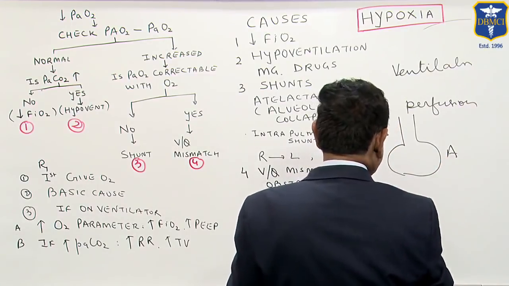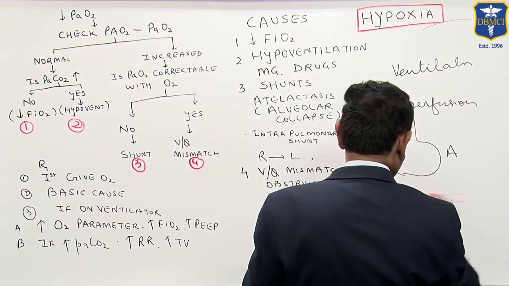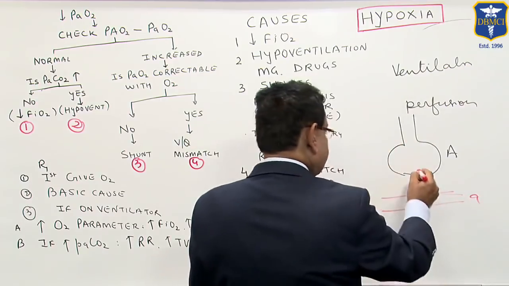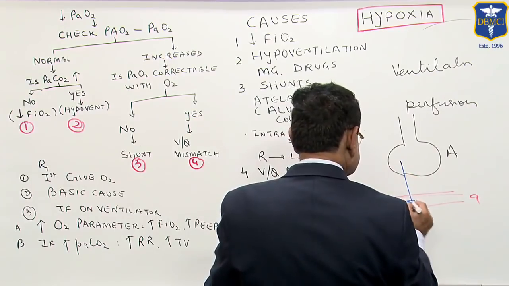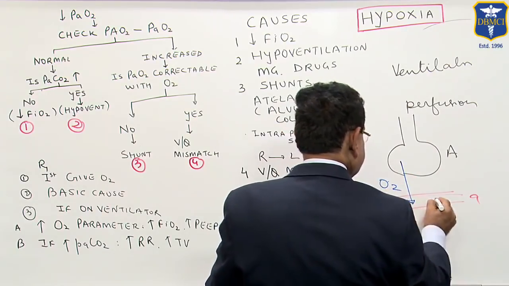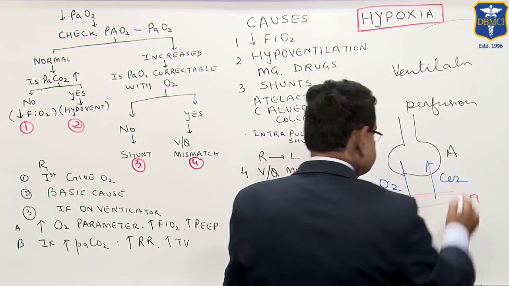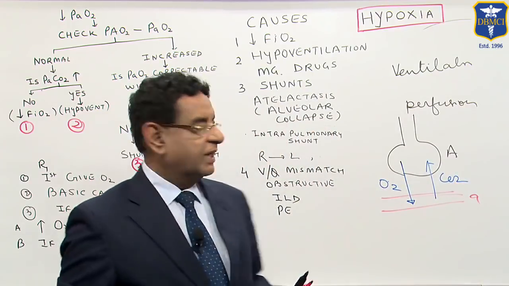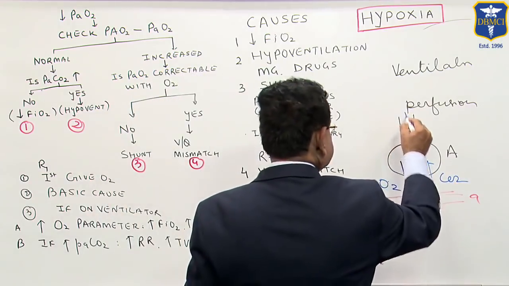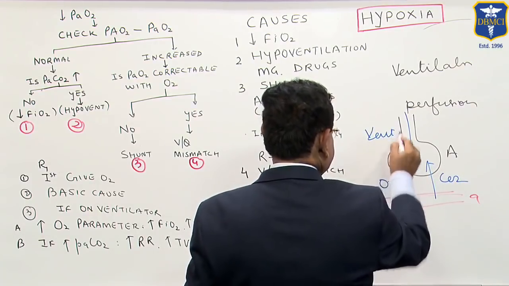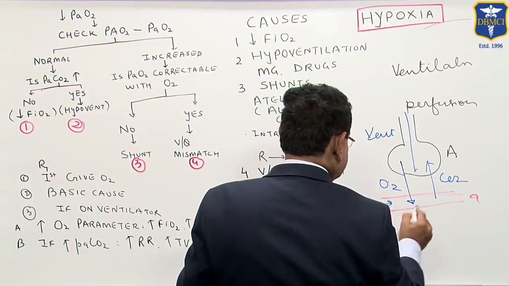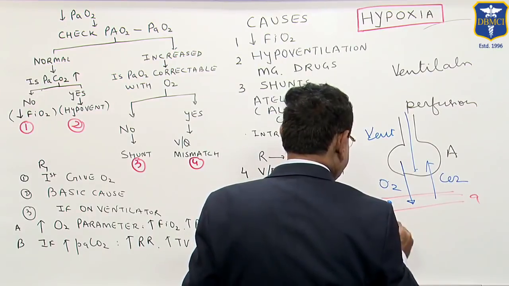And this is the arteriole, and ultimately oxygen comes like this and CO2 goes like this. Now coming of oxygen up to the alveolus is ventilation, and coming of the blood into the arteriole is perfusion.